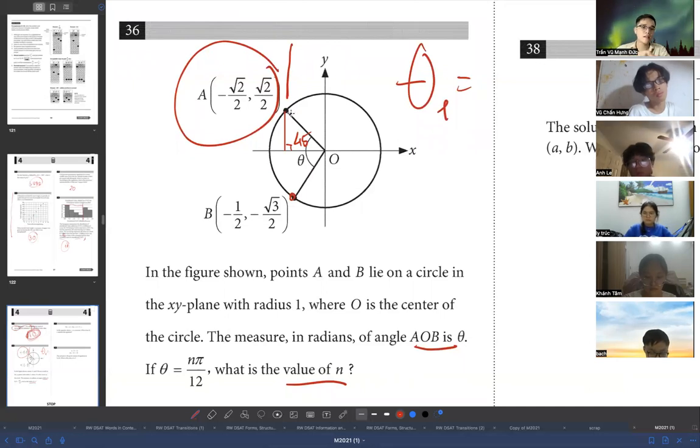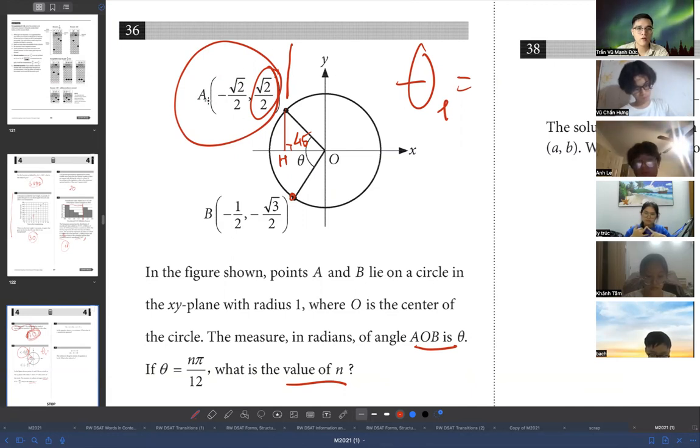Okay, as you can see, what is the height of AH? The length of AH. It is the y coordinate of A, isn't it? Can you see this? Yeah. Right.